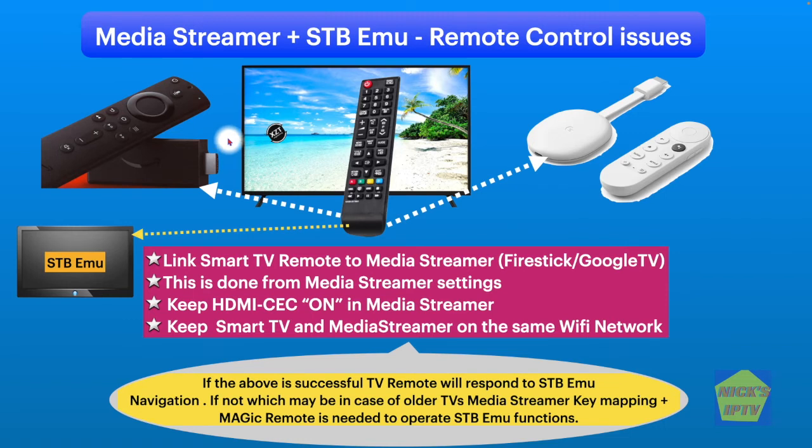And when you link this remote, keep in mind to set HDMI CEC on in the media streamer, and keep the smart TV and media streamer on the same Wi-Fi network. Then you can use the TV remote to operate all the IPTV functions. So the TV remote will respond to STB Emulator, and it becomes like a full function remote for all your IPTV operations.